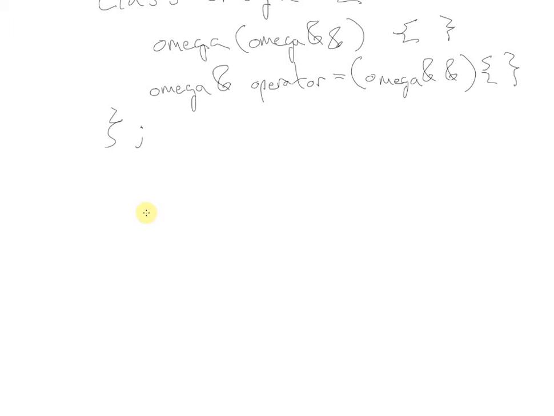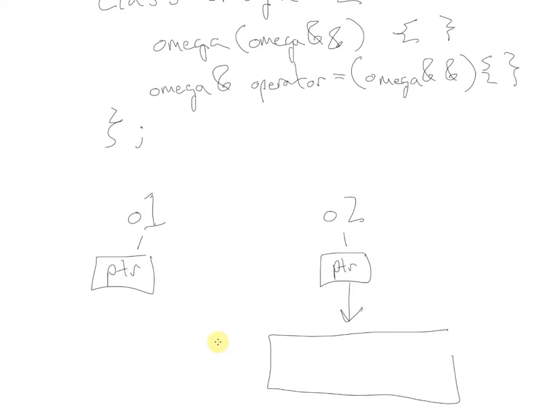So let's say we had o1 and o2, and each has a pointer to underlying data. O2 is, let's say, an R value reference. The epitome of an R value reference is: here's some data that isn't around for that long.